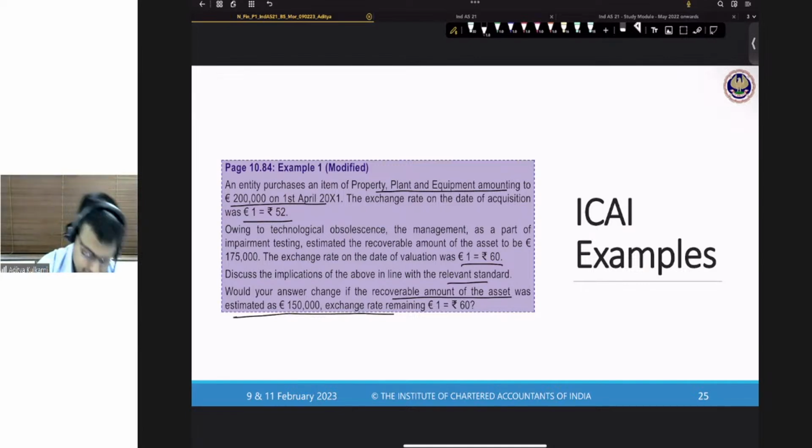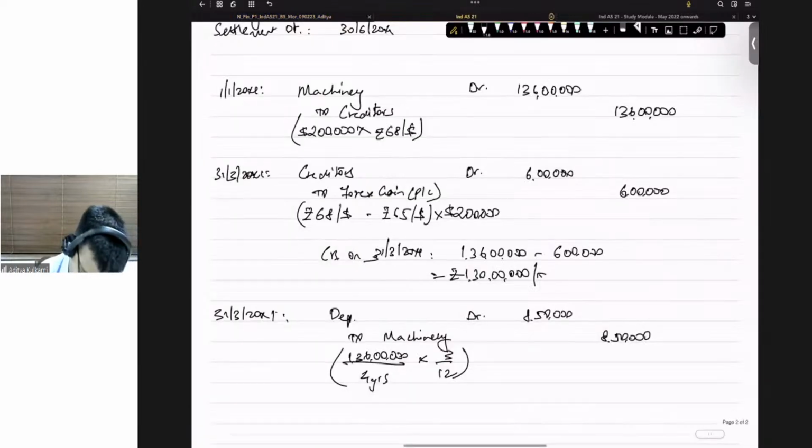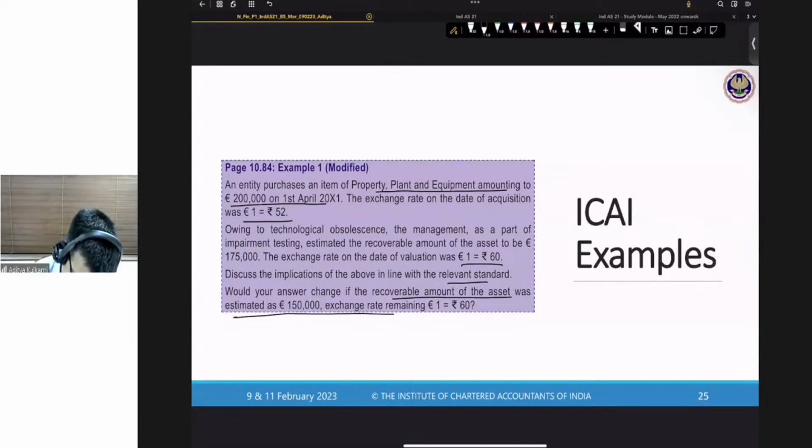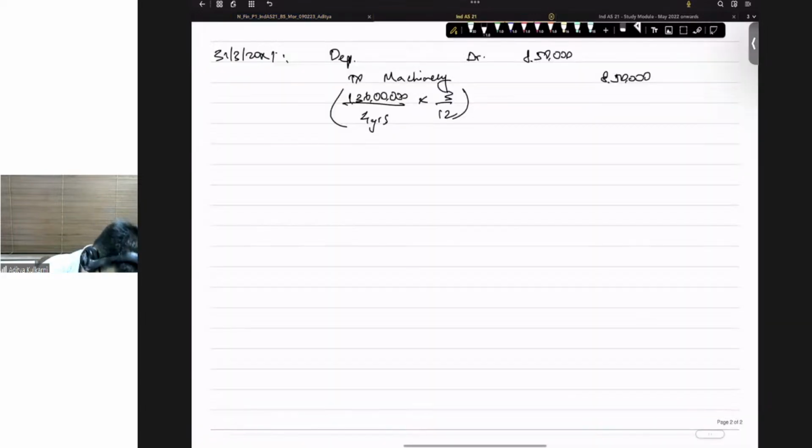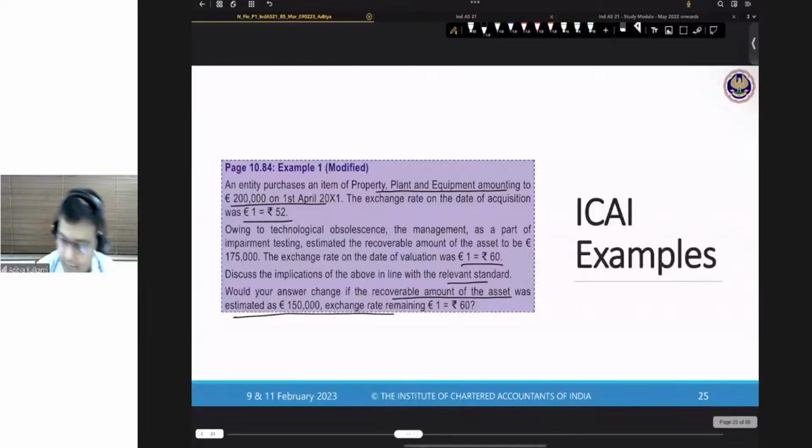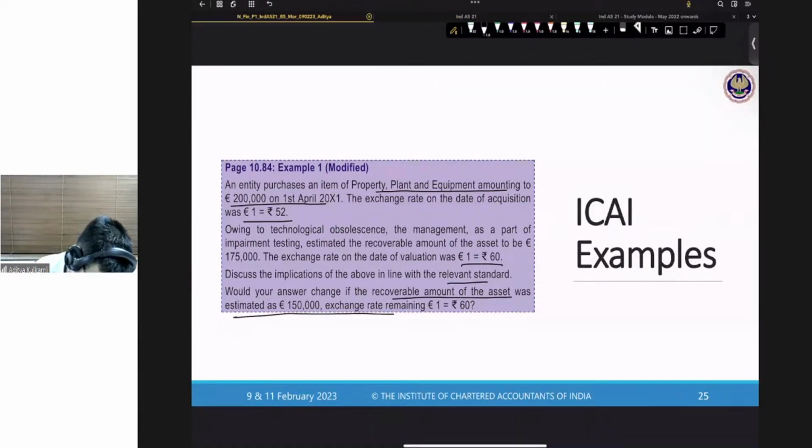Okay. See, let us understand the question. What is it saying? 2 lakh euros at rupees 52. Carrying amount: two lakhs into 52.